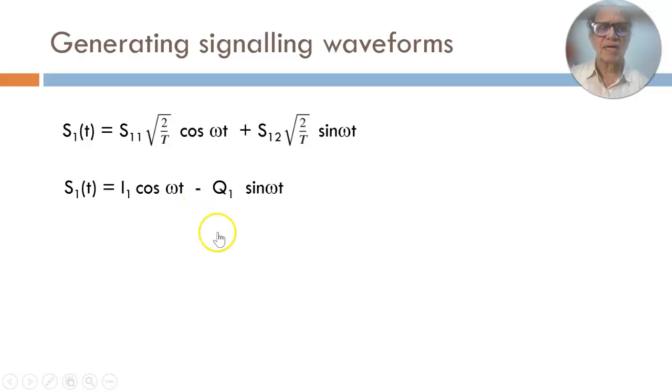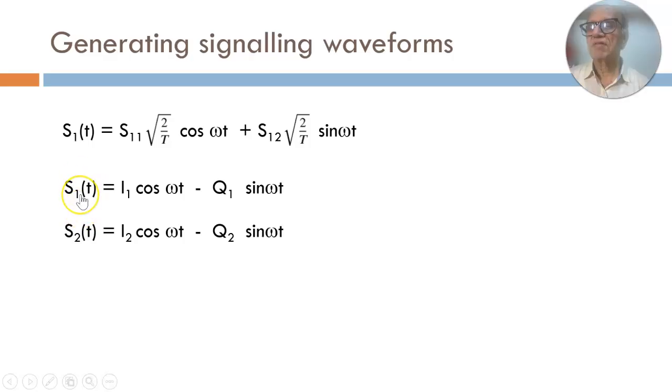As long as whatever sign you use at the transmitter, the same convention is used at the receiver, you will not go wrong in detection. But here we are choosing minus. That is what is done in most of the literature, and we'll see the reason for that. Because if you represent this in the phasor form, the result that you will get will be I plus jQ, which is a sort of a standard form. But just understand that the minus sign here is not mandatory. You could have chosen plus. It is just conventional that most of the textbooks, most of the literature choose minus. Okay.